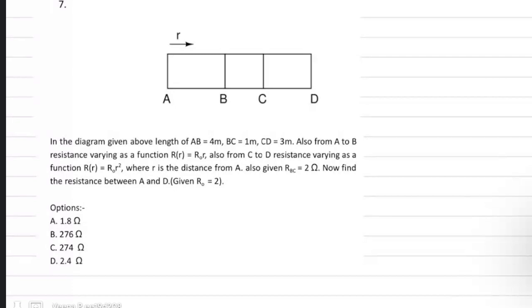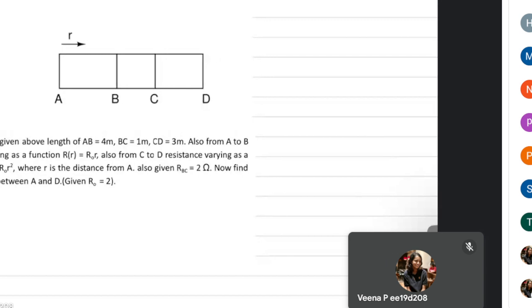Is this clear? If there is any doubt, please ask. Someone's mic is off.